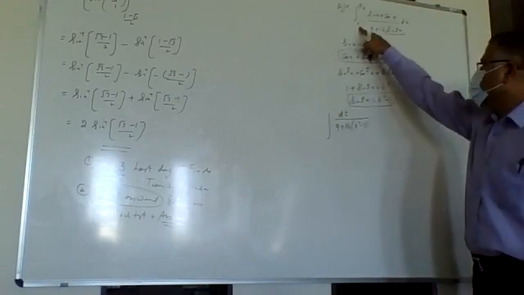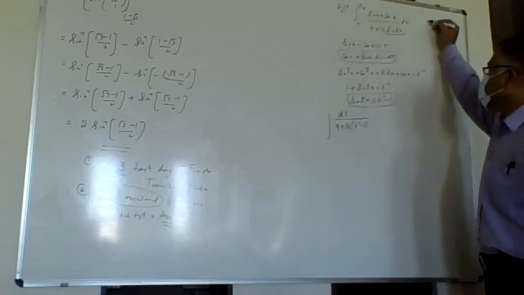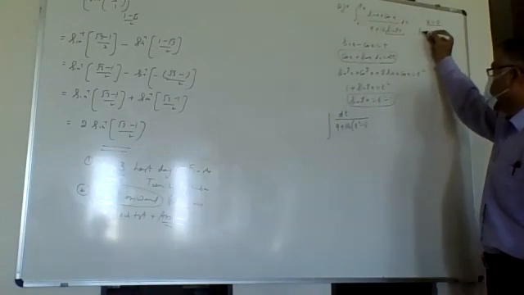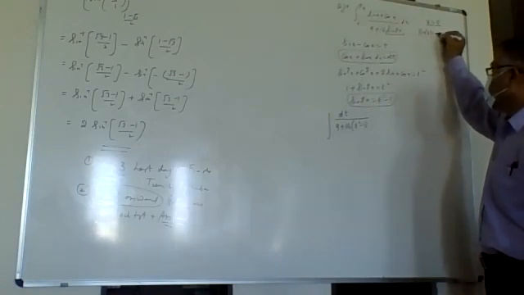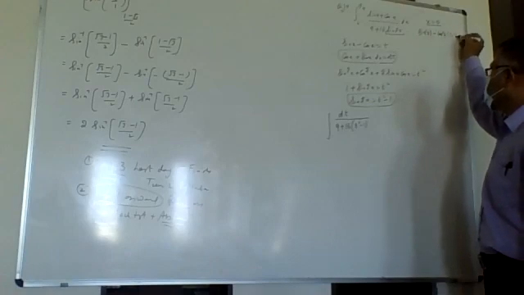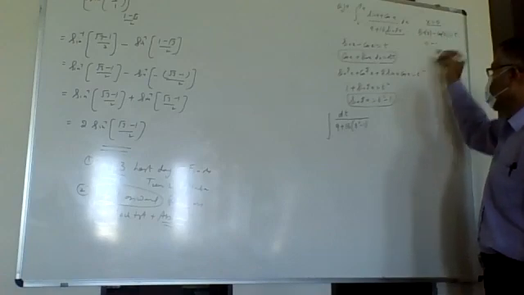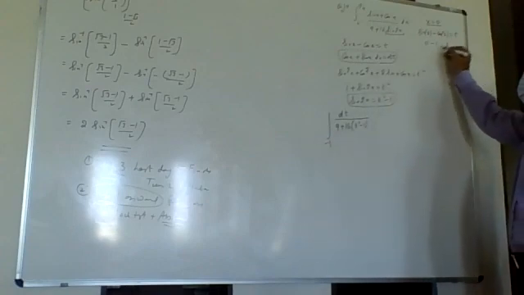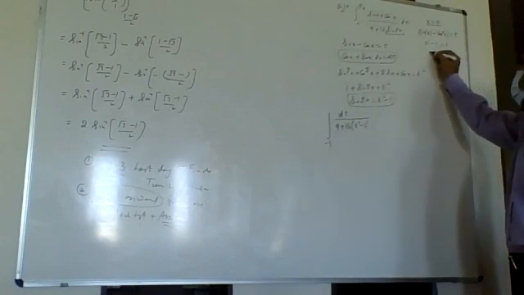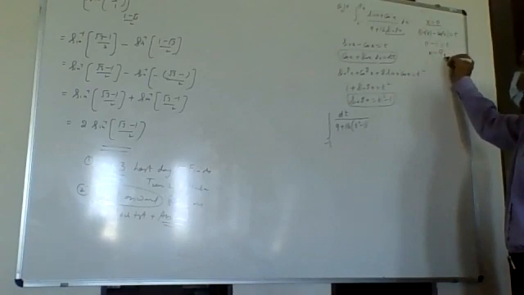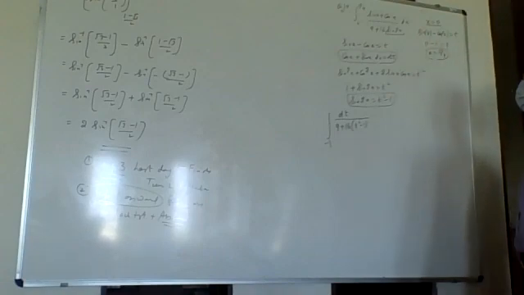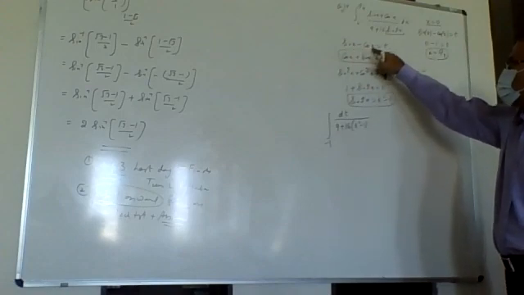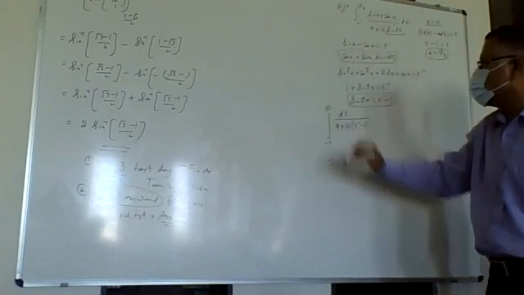When x is equal to 0, this is sin 0 minus cos 0 is equal to t. Sin 0 is 0, cos 0 is 1. So this is minus 1. When x is equal to pi by 4, sin pi by 4 is 1 by under root 2, cos pi by 4 is 1 by under root 2, so it is 0.